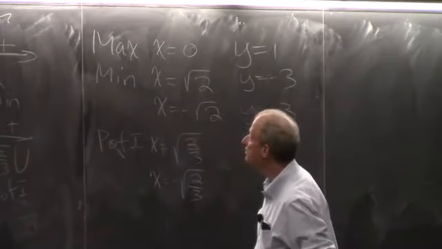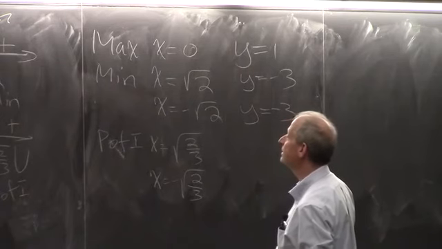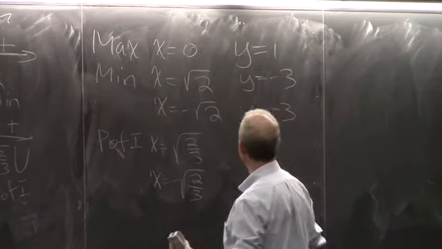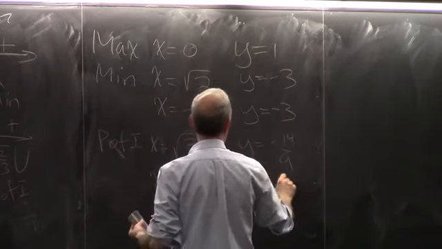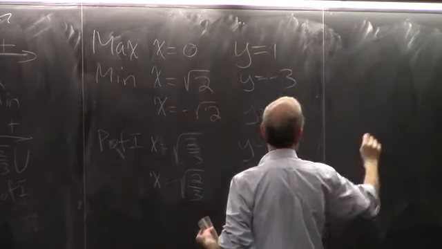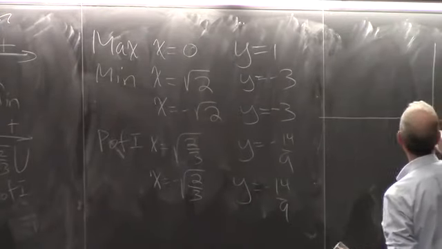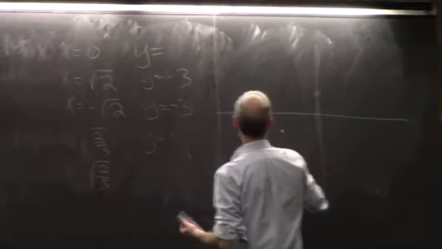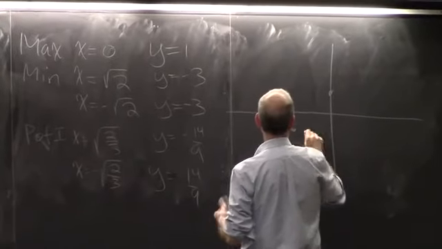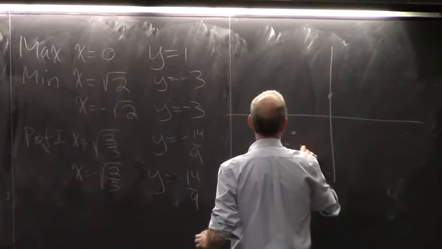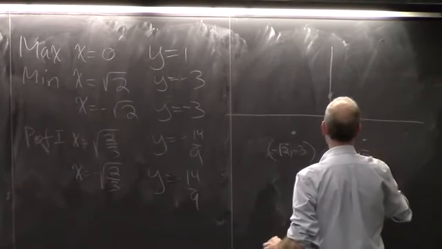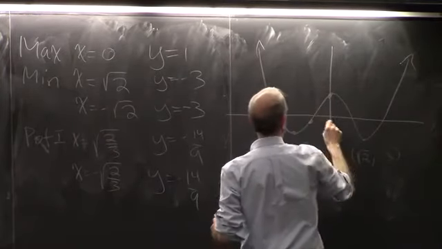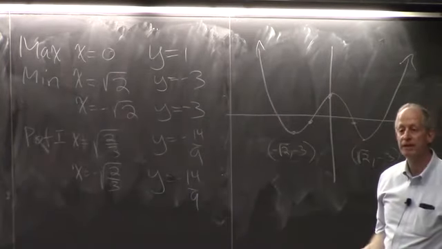And at the square root of 2/3, you get 4/9 minus 8/3, which is minus 24/9, is minus 20/9, plus 1 is minus 11/9. There you go. That's what the graph looks like.